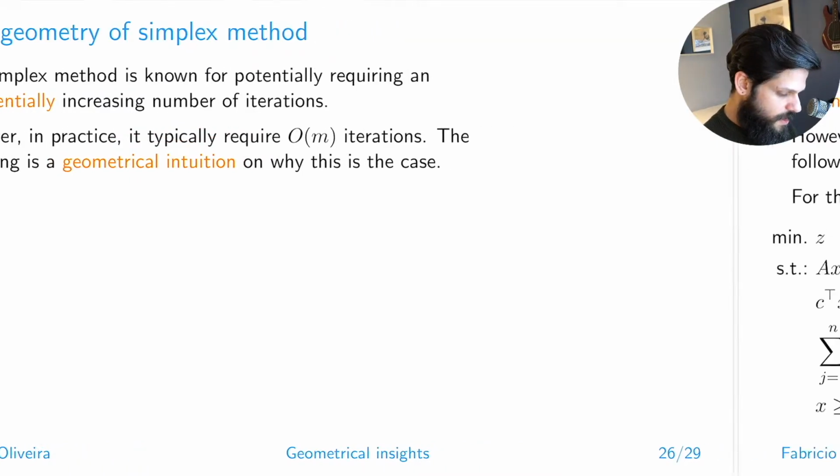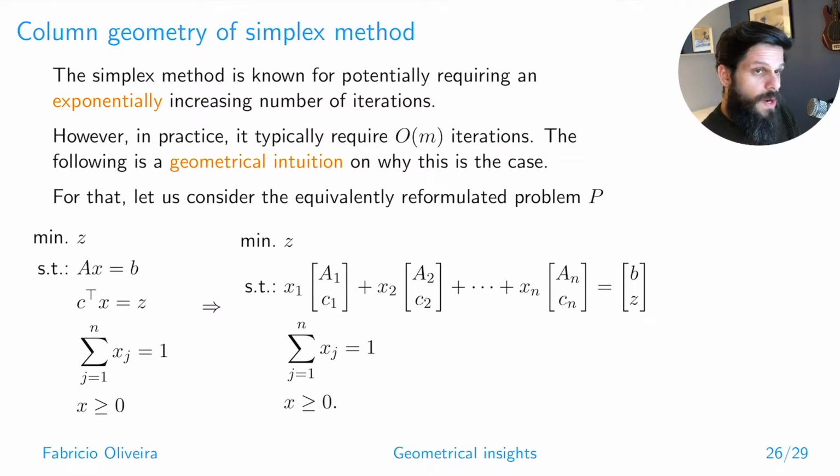So first, let us rewrite our problem in a format in which we create a modified matrix A, call it A prime, which consists of the original matrix A, but also the coefficients associated with x in the objective function. For that, I have this auxiliary variable z, tying these two things together. So it's equivalent.